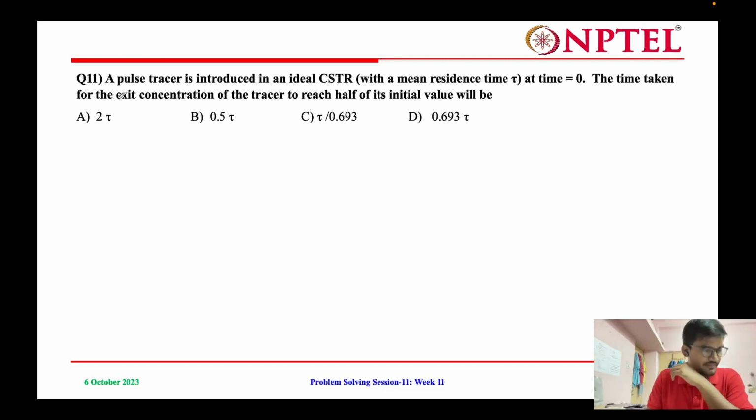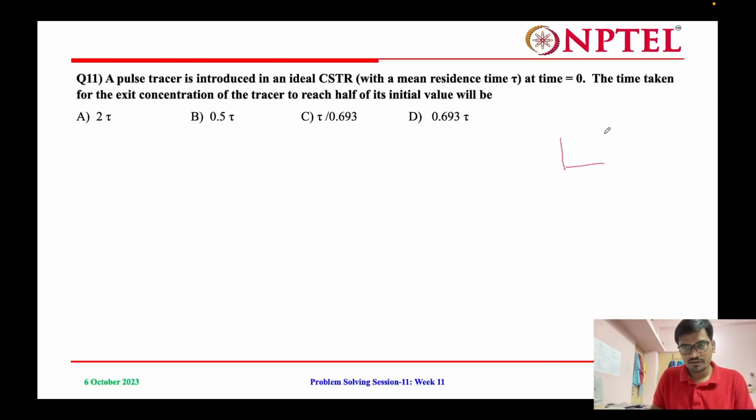Question number 11. A pulse tracer is introduced in an ideal CSTR with a mean residence time tau at time t equal to 0. The time taken for the exit concentration of the tracer to reach half of its initial value will be. Here is the condition given.